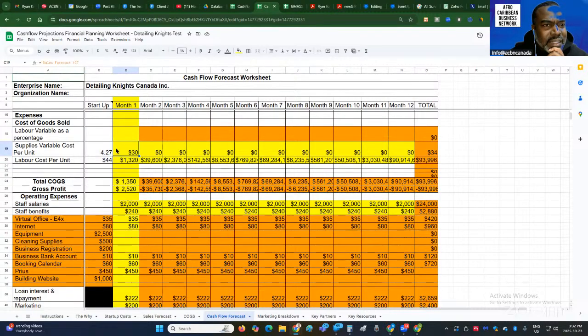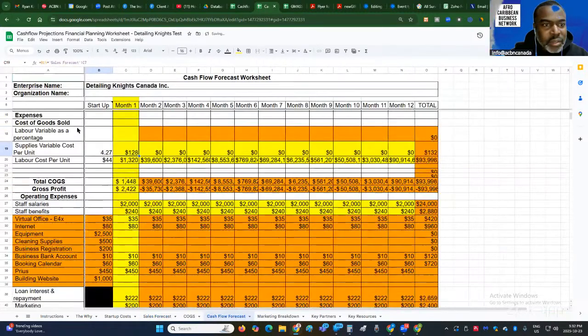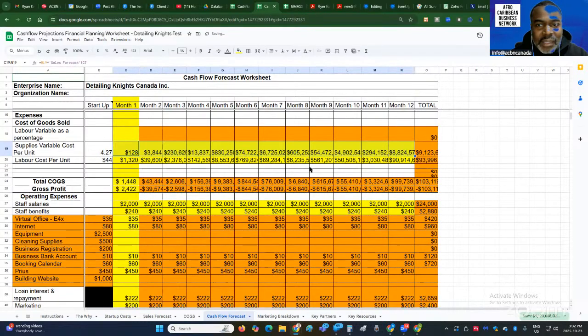No, that didn't work. Oh, so this one times this one equals 128, and that should pull across. But why is that so high?